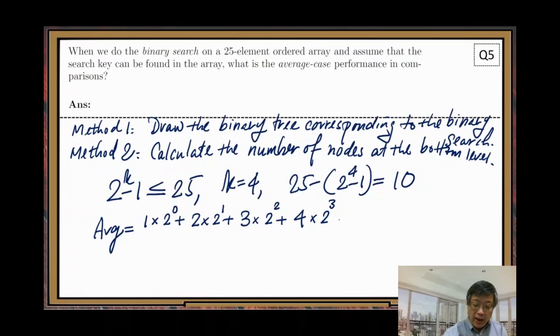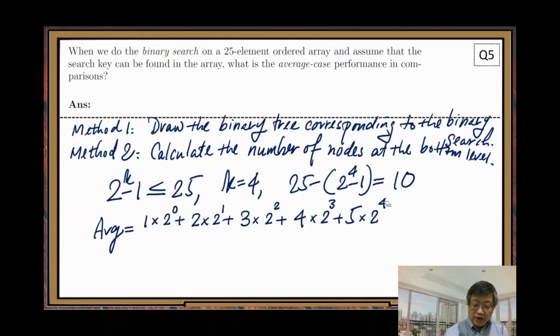So then 1, 2, 3, 4, 5 comparisons times 2 to the 4th.